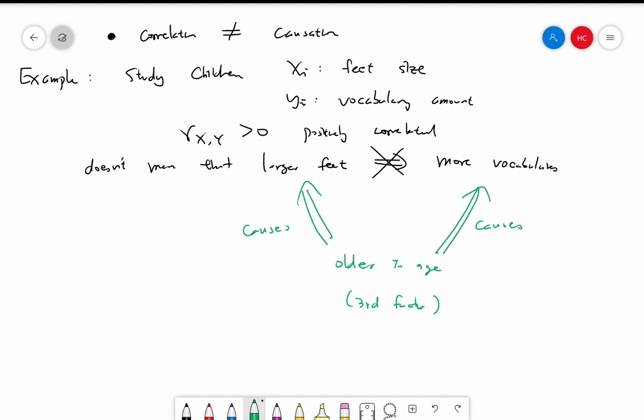If a child is older, then this child likely has larger feet. If this child is older, then this child likely knows more vocabulary. So the third factor causes larger feet and more vocabulary. That's why these two are correlated. But that doesn't mean a child having larger feet implies that this child knows more vocabulary. All right.